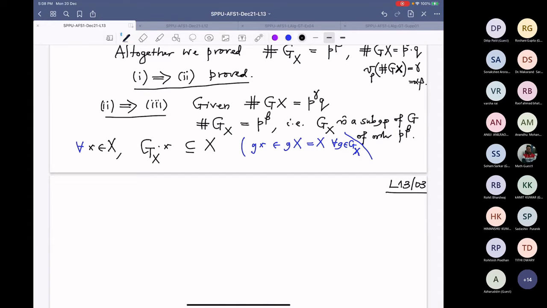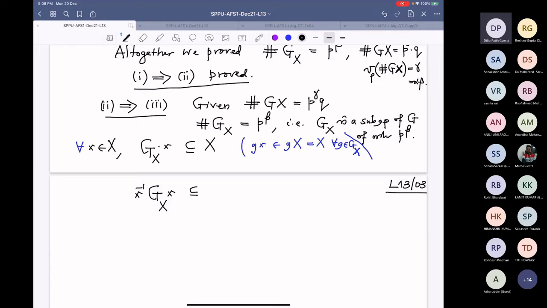But then, once you prove this, what happens? I'm going to multiply this equation by x inverse on both sides. X inverse times isotropy, this is the conjugate of the isotropy by x.